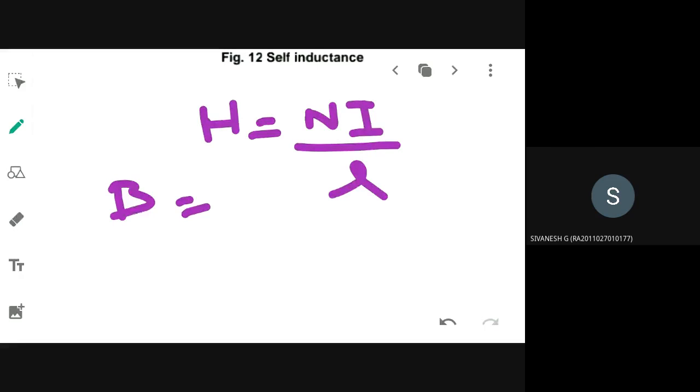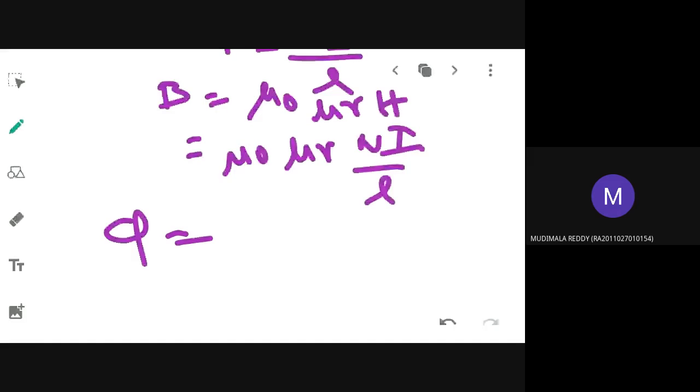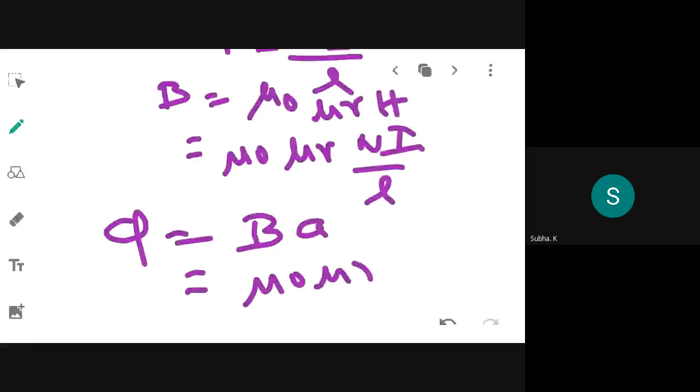Phi by A, which is mu naught mu r H, and mu naught mu r H is mu naught mu r Ni divided by L. Now I want to write phi. Phi is flux density into area, BA. So phi is given by mu naught mu r Ni divided by L, into A. This is my flux formula.